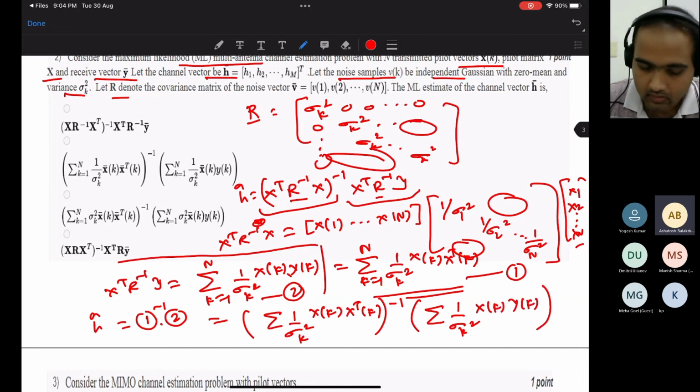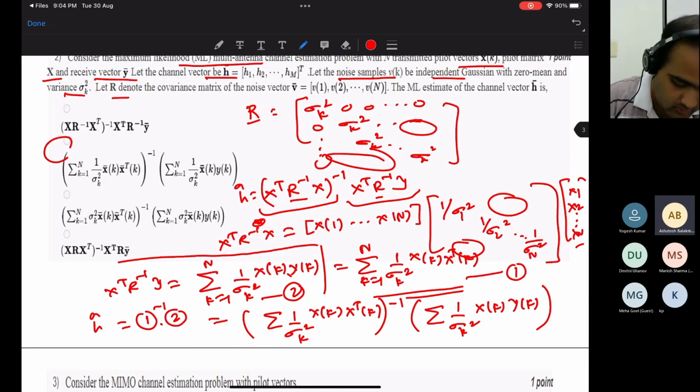We don't have to solve this because the answer is given in this form. This is option B.